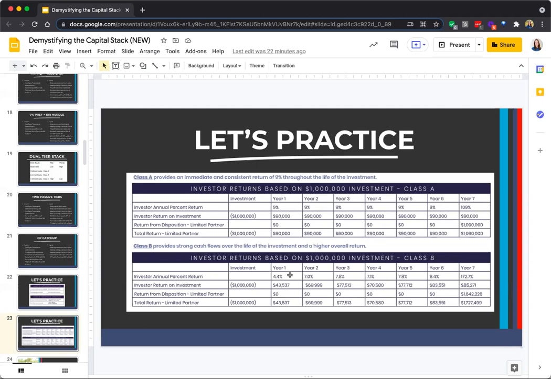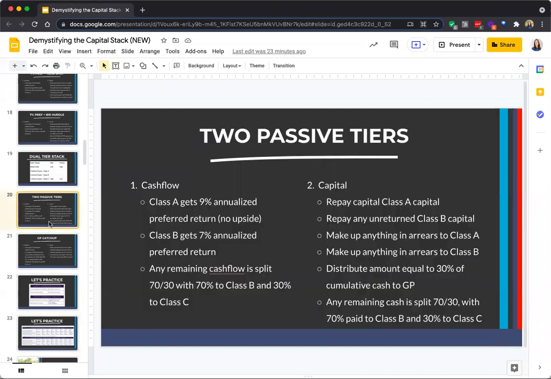Here, we've got a couple of things that I want to point out. One, we've got our 7% return, but our cash on cash ticks up. Now, look at year 1. Year 1 is at 4.4. So remember, in our capital stack, we've got to figure out in that PPM what's going on here. If year 1 cash on cash is below the preferred return, you need to understand and ask, is that accruing?